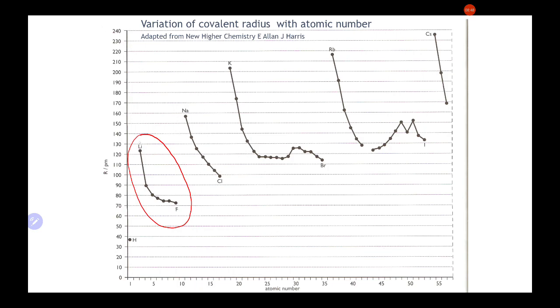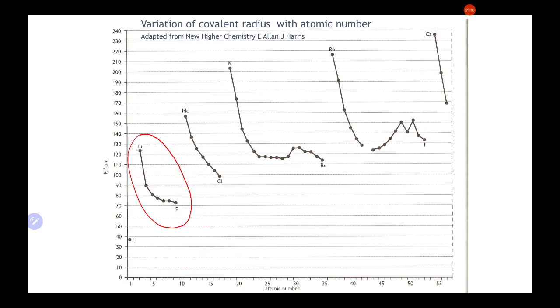What we've got is going from lithium across a period over to fluorine. You can see that as you're going along a period, the size of the atom is getting smaller. This on your y-axis is showing you how big that covalent radius is.